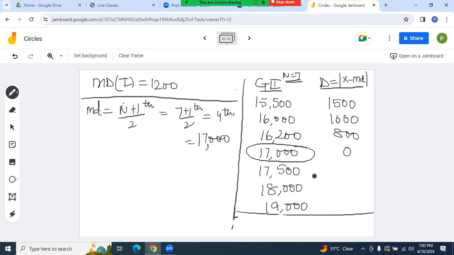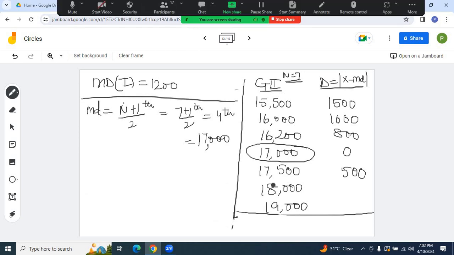This will be 0. 17,500 minus 17,000 is 500. 18,000 minus 17,000 will be 1,000, and here it will be 2,000.